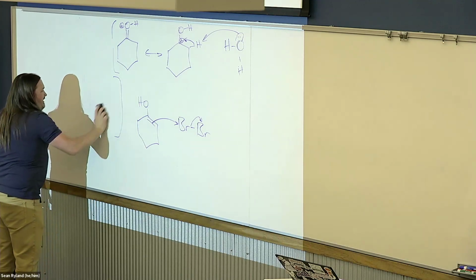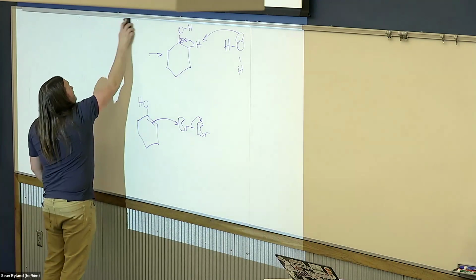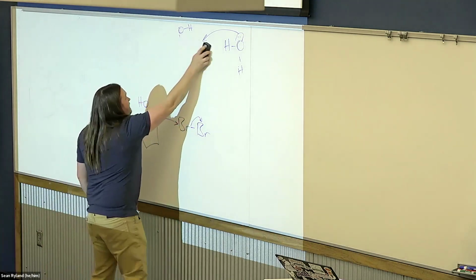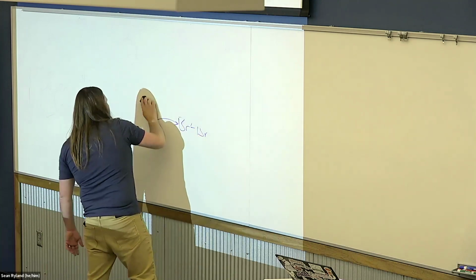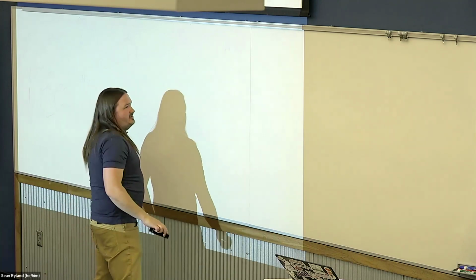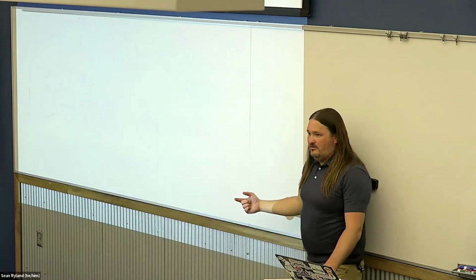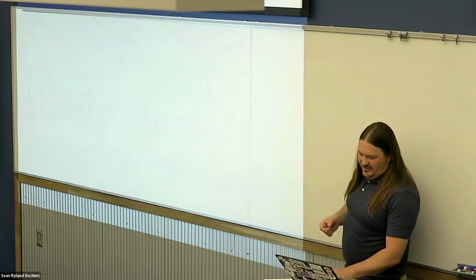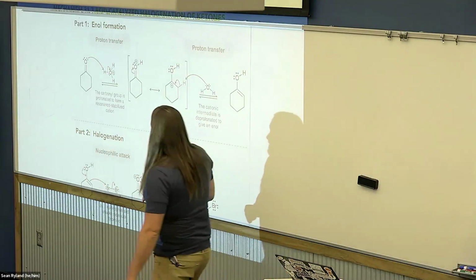So autocatalytic by definition just means that you're making the catalyst as part of the reaction. So in other words, autocatalytic reactions tend to speed up as they go, because we're actually going to see a net increase in the acidity.